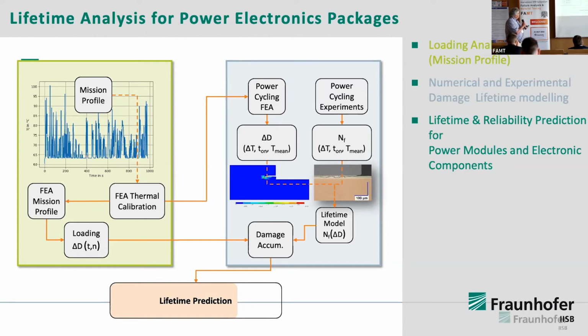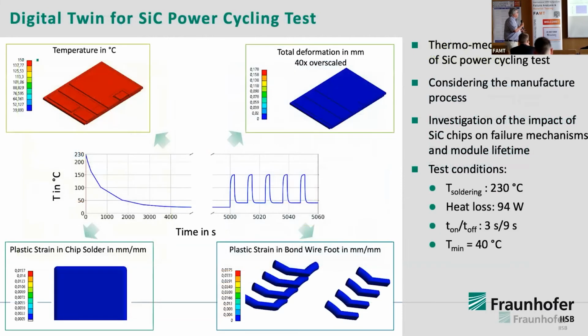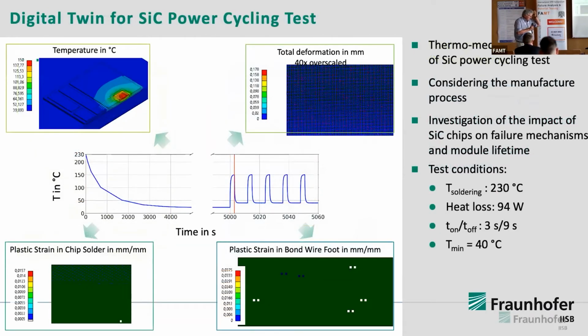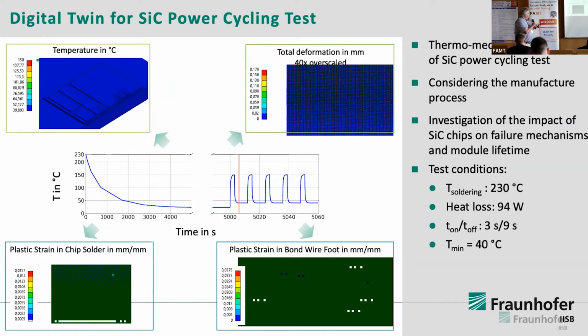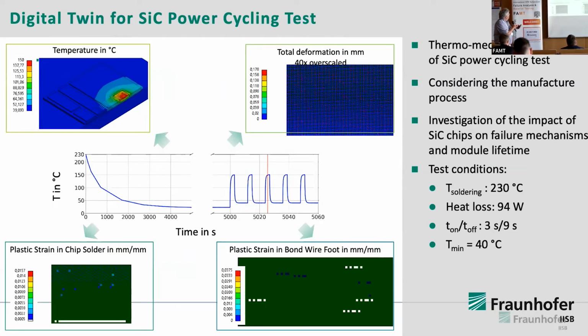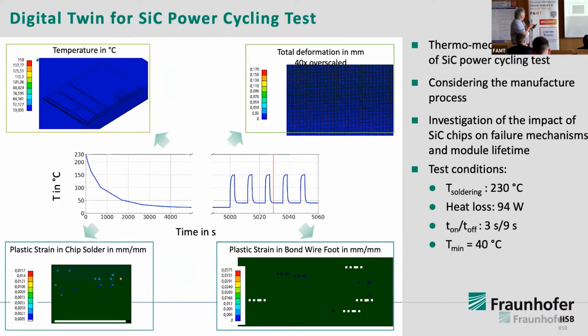And to achieve this, we use this load profile in simulation to calculate the effect on the structural integrity of those systems. For example, in this chart, we are calculating the heating and cooling cycle in an FEM simulation and look at, some of the pictures we lost here. We look at the temperature in the chip. Here you should see the bending of the chip itself and the bending of the wire bonds.